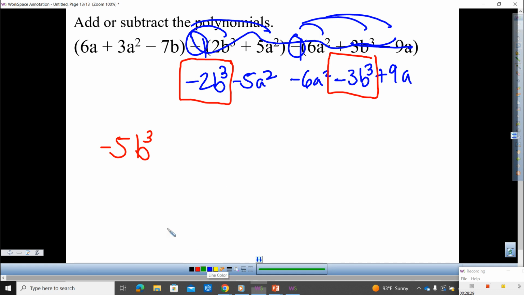Me? Let's go. So then we got, since she already started with the highest degree of 3, I'm going to go now to the second degree. 3a to the second, negative 5a to the second, and negative 6a to the second.